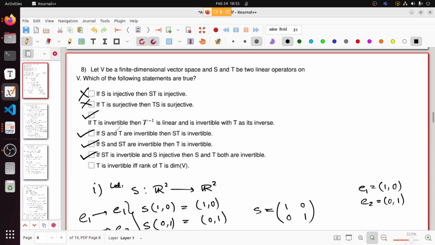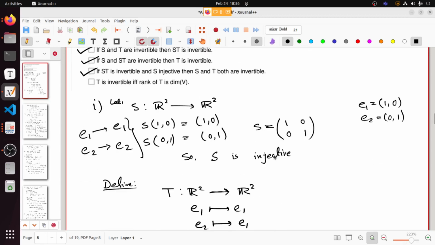What is it saying? T is invertible if and only if rank of T is dimension V, right? So this is the 7th one.